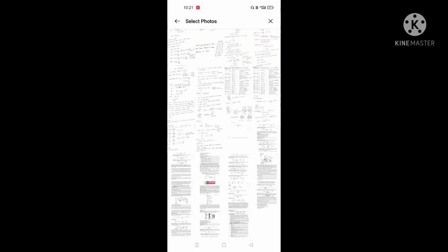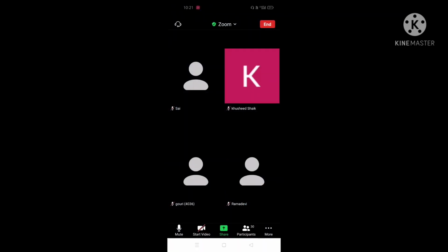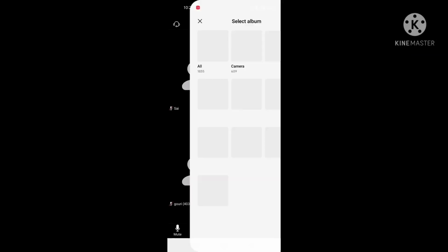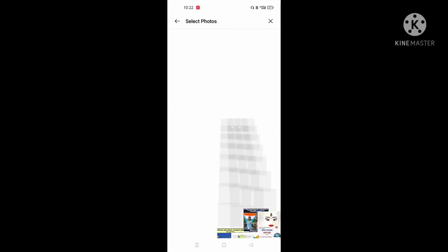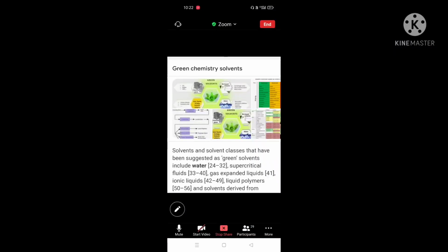Next, what are the solvents we are using in green chemistry? First of all, what are the conditions involved in the green chemistry principles?